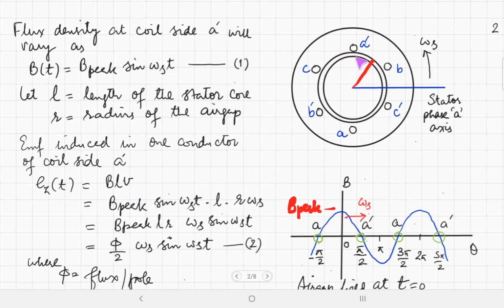V is the relative velocity between the conductors and the field, and is given by this expression.